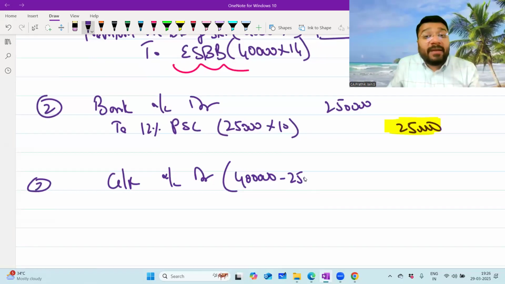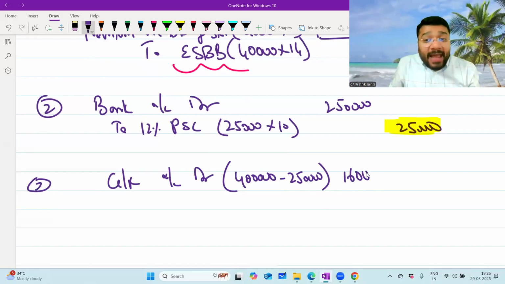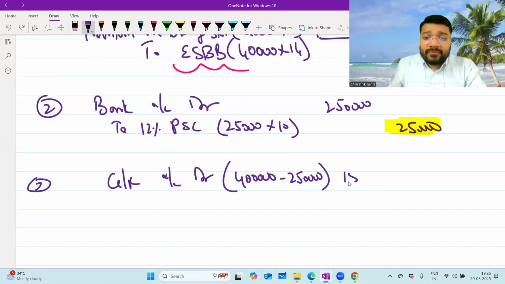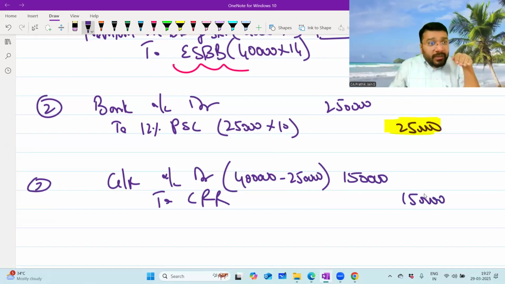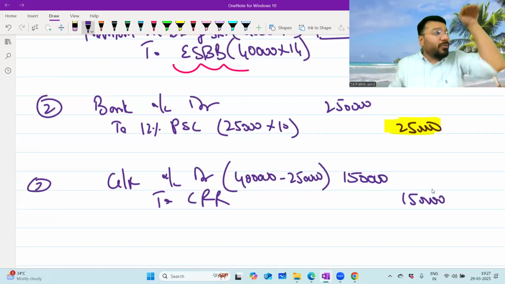In that, 2,50,000 is being reinstated in the form of preference share capital. So the shortfall is 1,50,000 rupees, which I am transferring to CRR. So now capital of 4 lakh reduced, increased by 2,50,000 first and by 1,50,000 later. So capital is now intact.